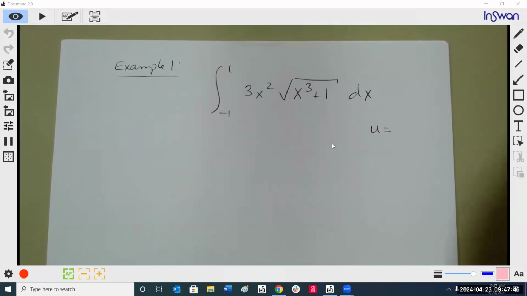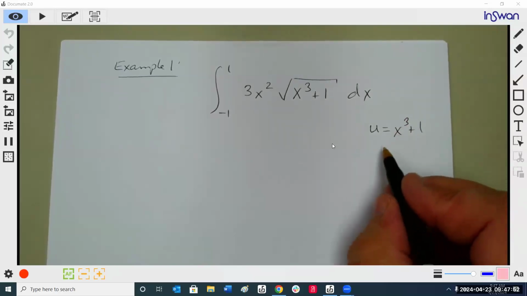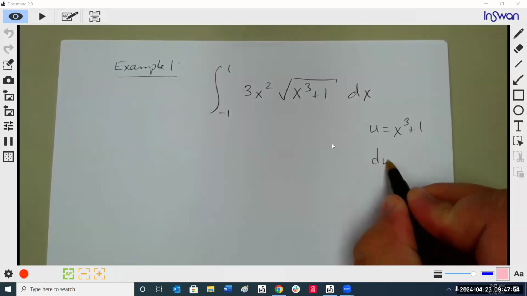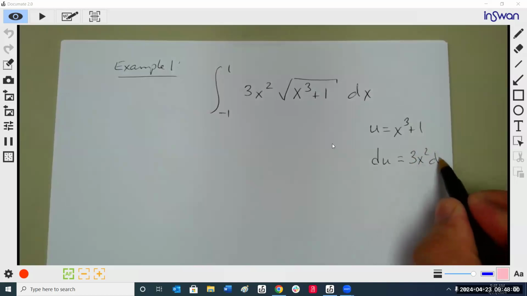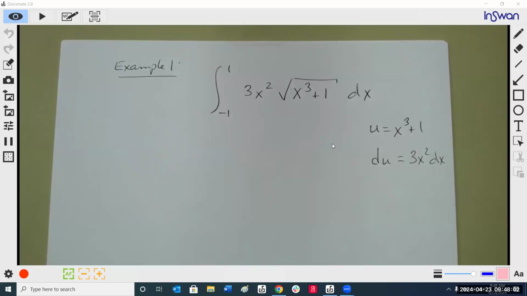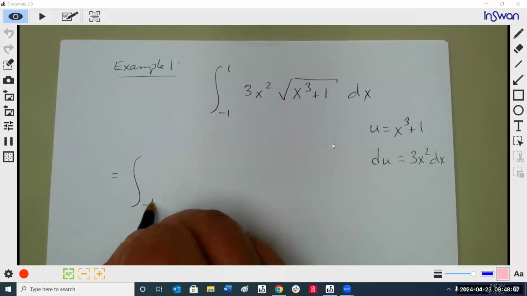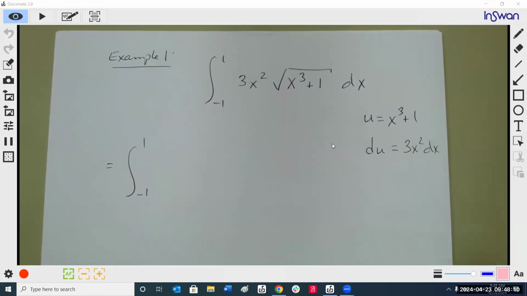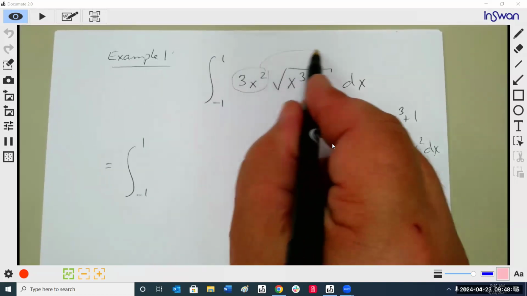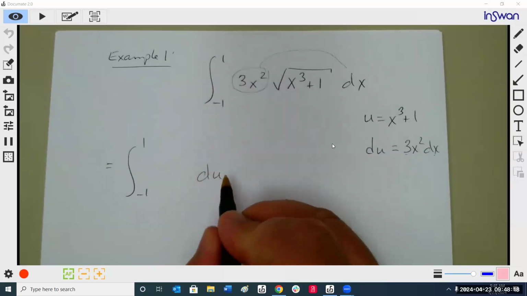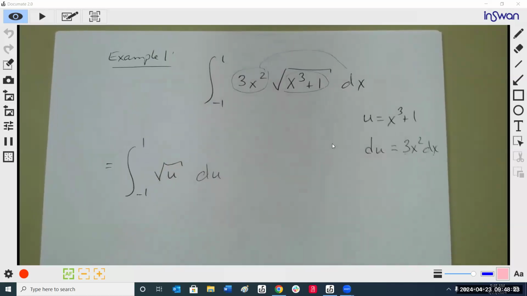What's our u going to be? x cubed plus 1. So once we found u, we have to find du: 3x squared dx. Do we have a 3x squared dx? Yeah, here's a 3x squared. There's the dx. So that's the du part. And there's our u. So we have the square root of u du.